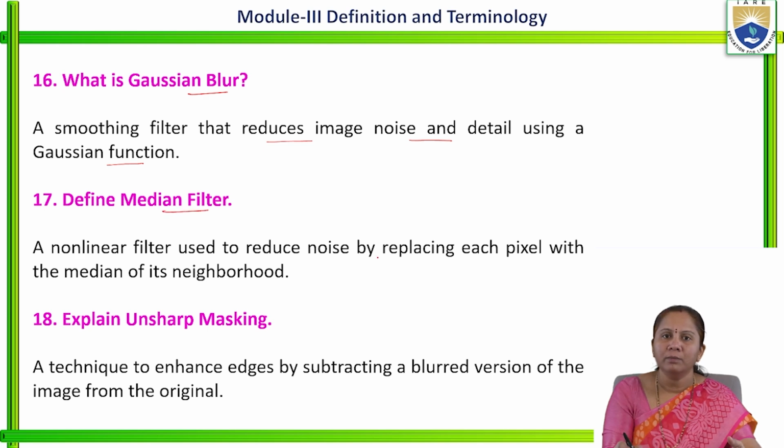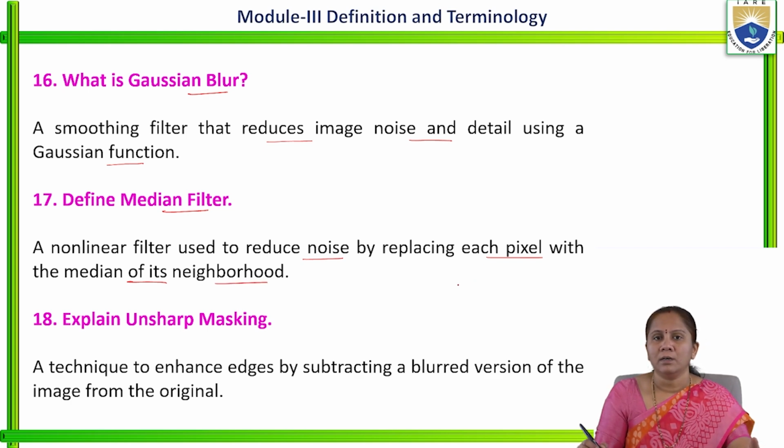Define median filter. It is one of the non-linear filters which is used to reduce the noise by replacing each pixel with the median of its neighborhood. If we consider any 3x3 image, the center pixel value will be replaced by considering all the neighborhood values in the image.